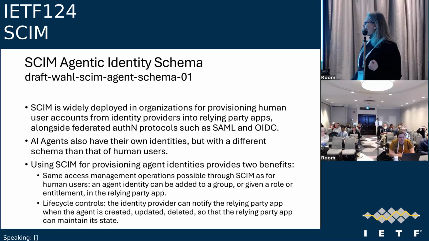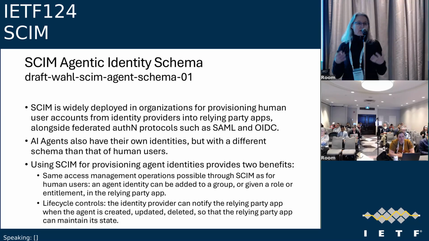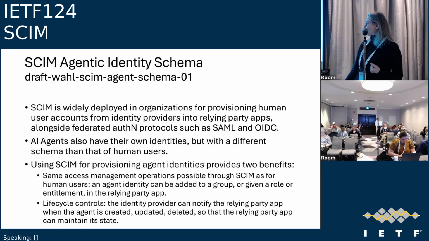Part of the reason we think that this interface works very well and is complementary to existing other protocols is because you can do things like add roles, add entitlements, add agents to groups, and other things that are just natural things to have happen. They're already built into the SCIM interface.